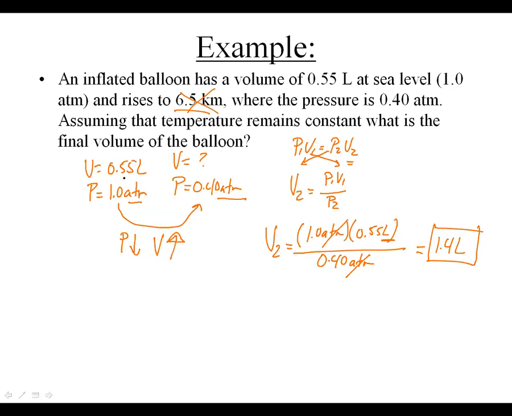It went from 0.55 liters to 1.4 liters. So again, it's a good idea to have an understanding of the relationships because it can help you mathematically. Just make sure you didn't mess up that part of it, reverse a number or anything like that. Any question on Boyle's law there?